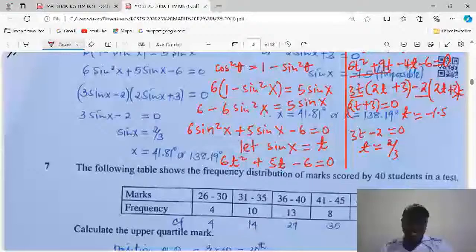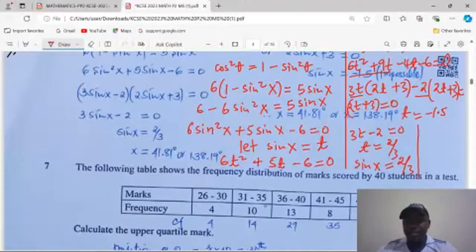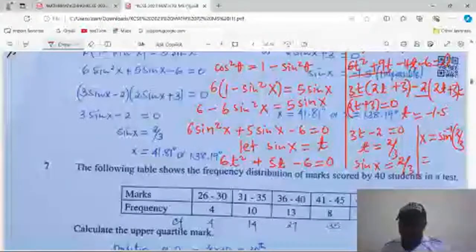This means sine x equals 2/3. To get x, we need the sine inverse. Shift sine 2/3. You're supposed to be getting 41.81.